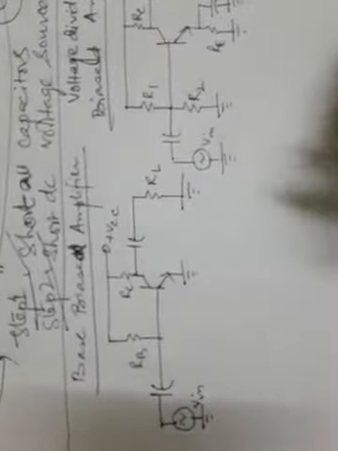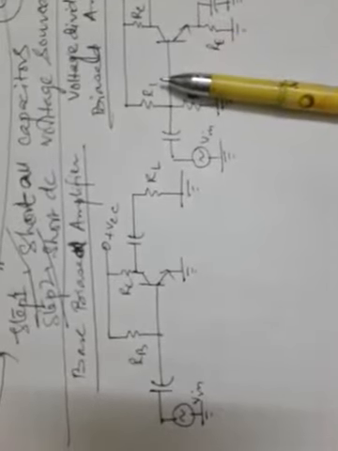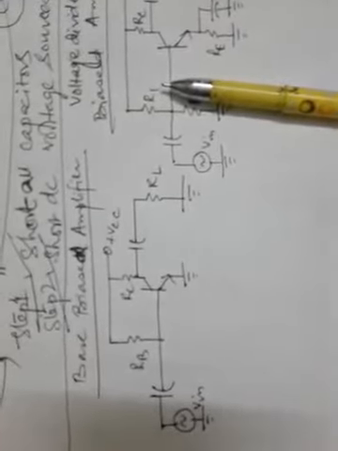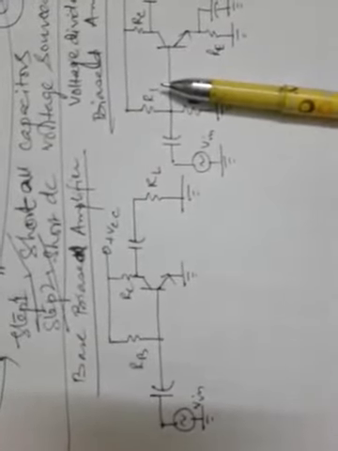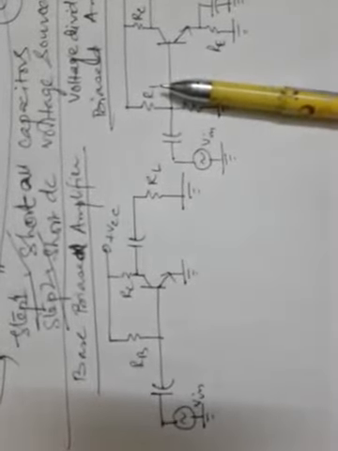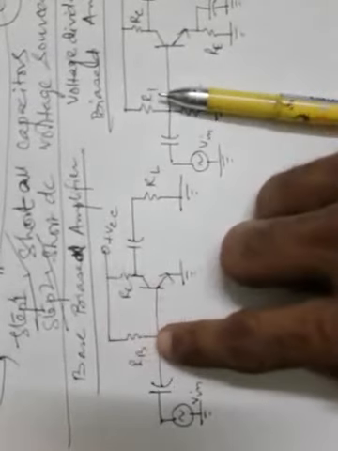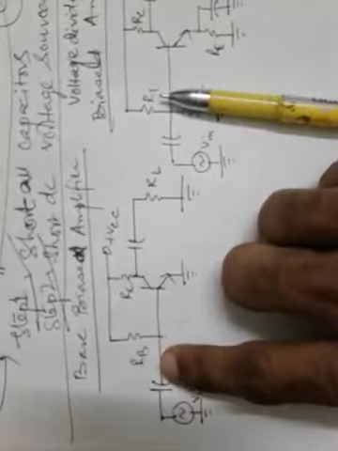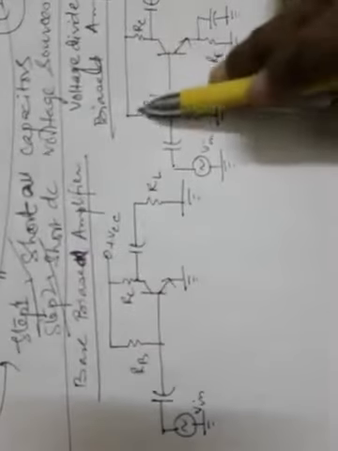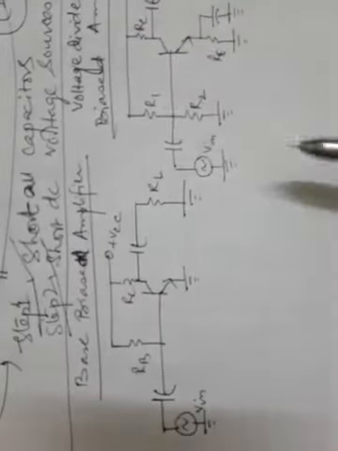Let us see how these amplifiers can be analyzed by drawing the DC equivalent circuit and AC equivalent circuit. Especially we want to do AC analysis of these transistor amplifiers via the DC analysis. On the left, this is the base biased amplifier. This is the basic design. The voltage is taken from VCC through RB, which is the base resistor, and given to the base. And this is the voltage divider bias, because R1 and R2 along with VCC form the voltage divider circuit.